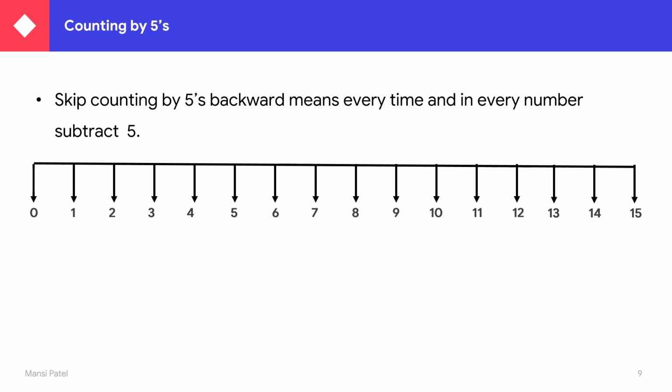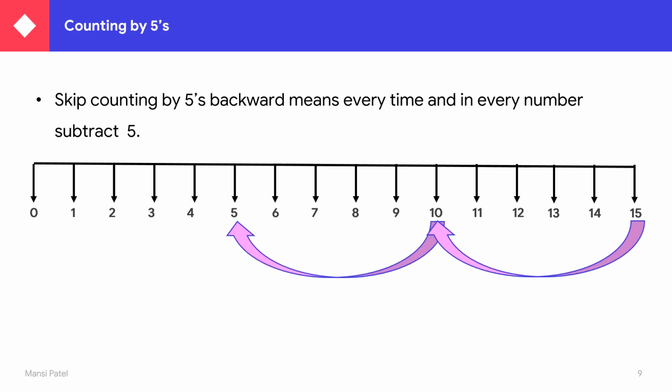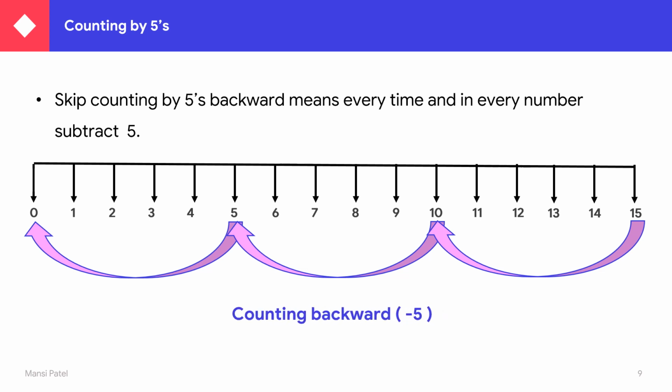We have to leave 5 numbers, which are 14, 13, 12, 11 and 10. So our first jump lands on 10, then 10 to 5, then 5 to 0. How many jumps? 3 jumps are there. So this is known as counting backward.